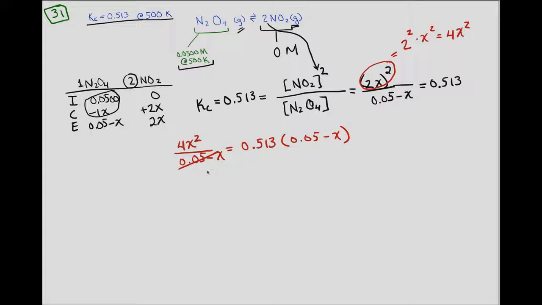So let's go ahead and rewrite it again, and as we're rewriting, let's go ahead and multiply this out. Let's see, get my calculator. 0.513 times 0.05 gives you 0.02565, that's this times that, minus 0.513x.